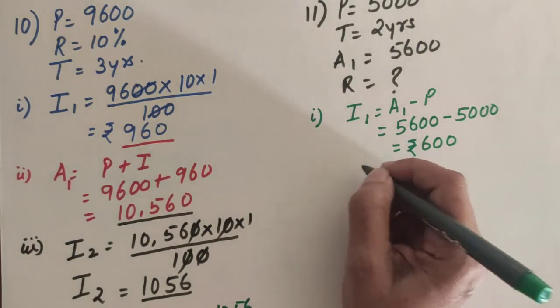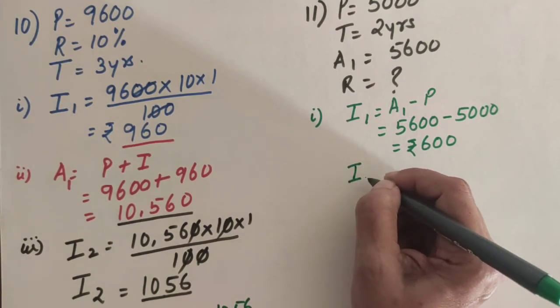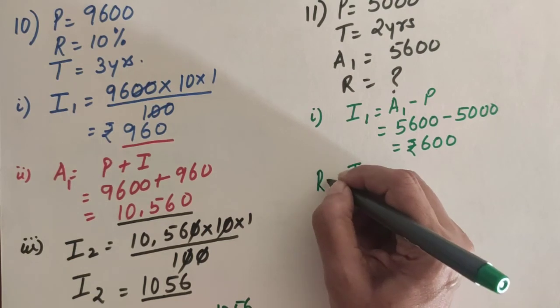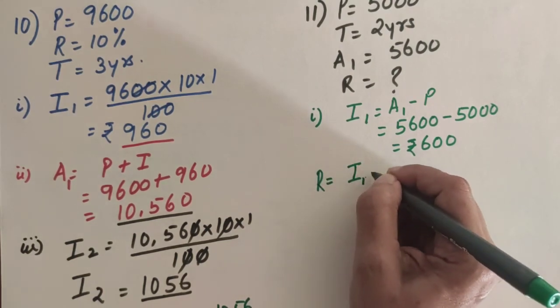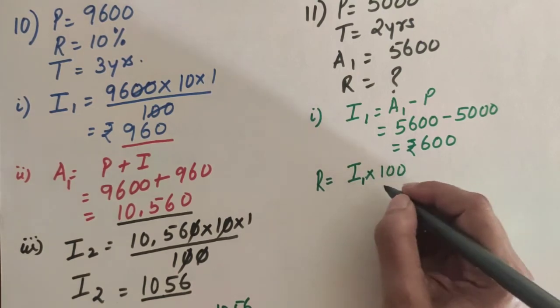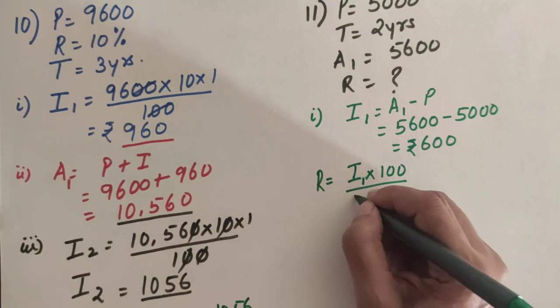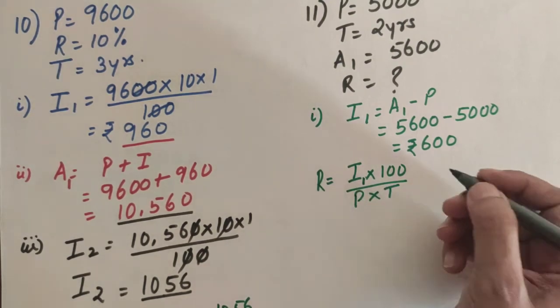Now when we know the interest for the first year, using the simple interest formula we can find the rate. So rate is equal to interest into 100 upon P into T. This is the formula.